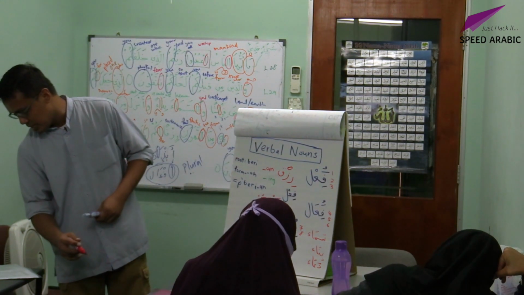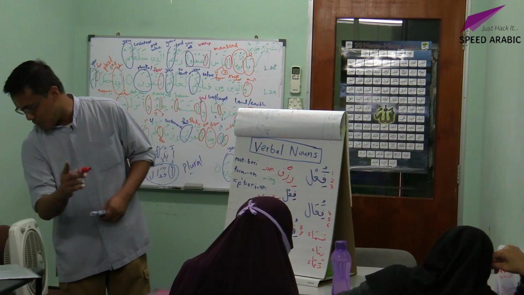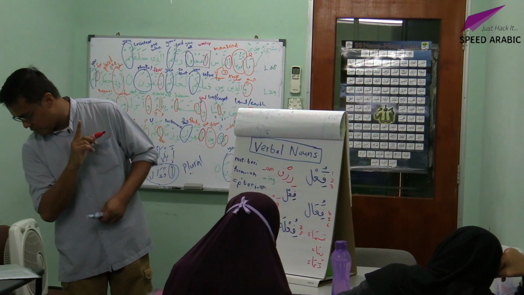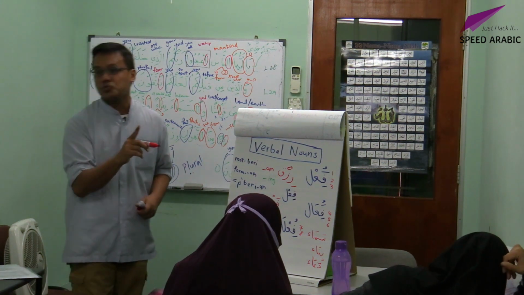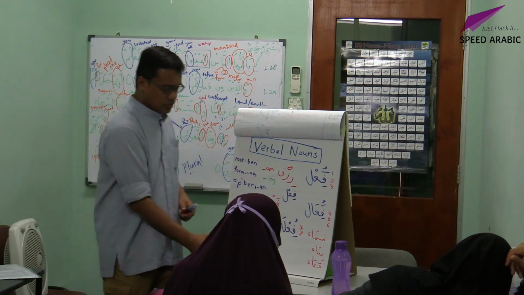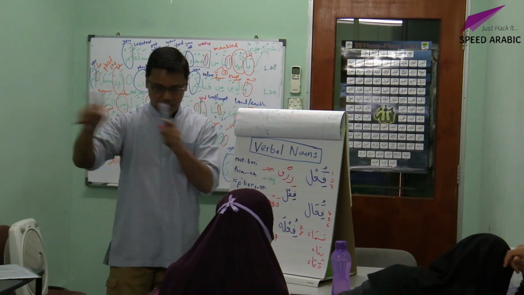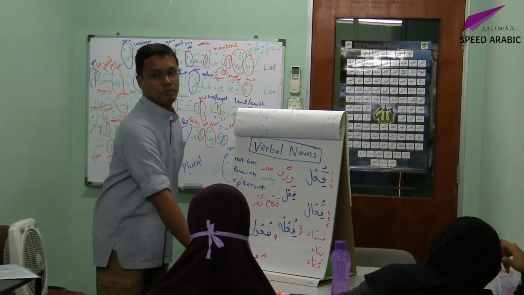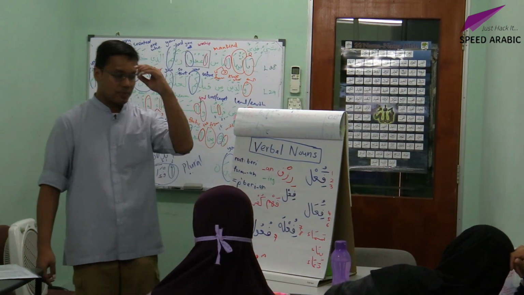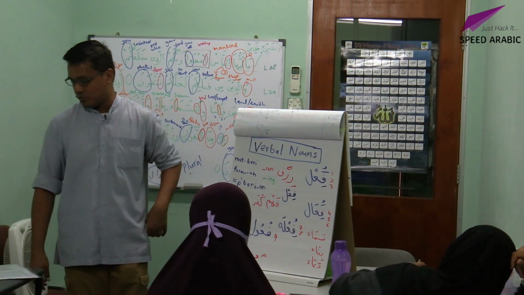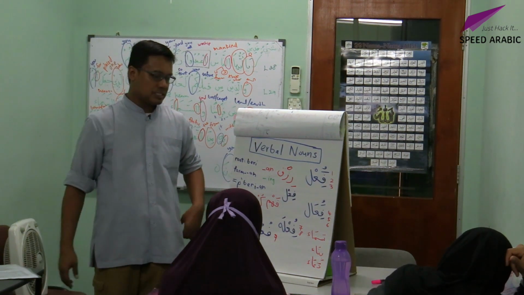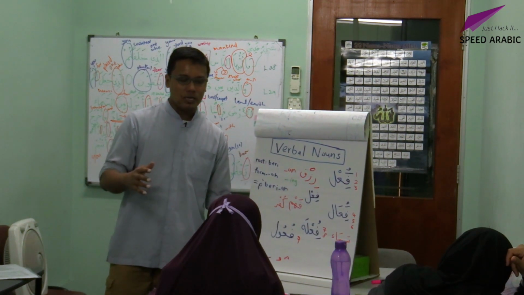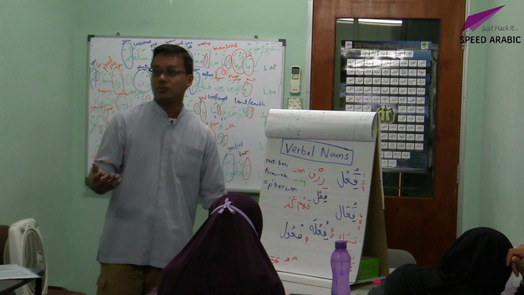And then you have mufa'ala. That is F3. And then you have taf'ila, which is number 2 for ta. Okay. So for 3-letter verbs, which is form number 1, you have about 12 forms of noun forms. Actually not 7, but 12. Okay. You have other forms also for verbal nouns, but this is enough to give you a picture of what knowing noun forms can do for you.